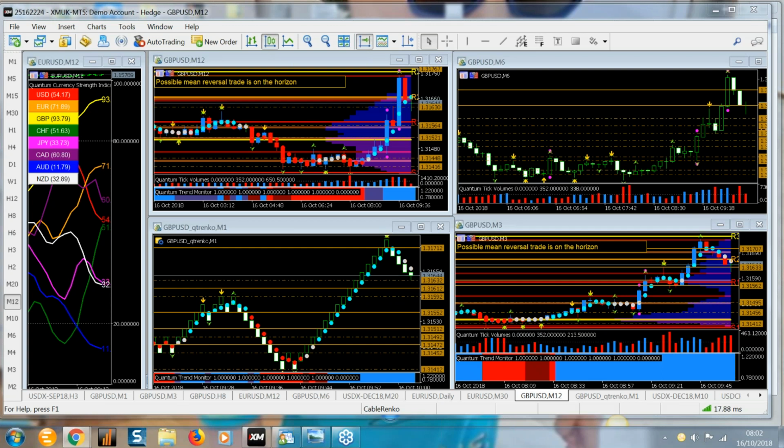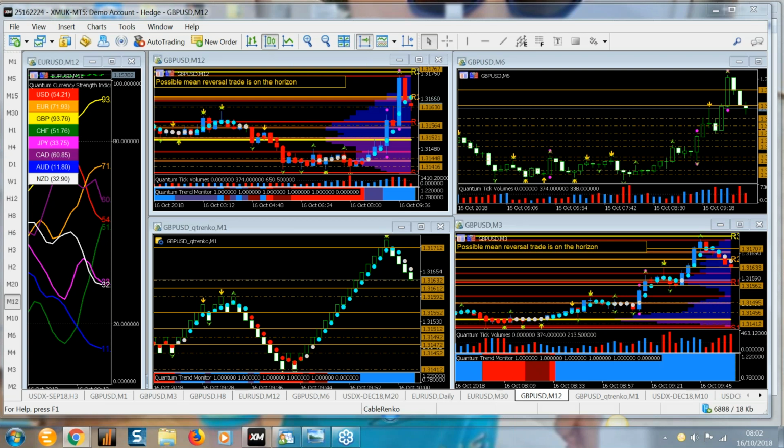But what the Renko chart does, it just smooths things out a little bit. Now you can use it either as a mechanism to help you stay in, or to help you get in, or to help you get out. It's just a different way of looking at price action.